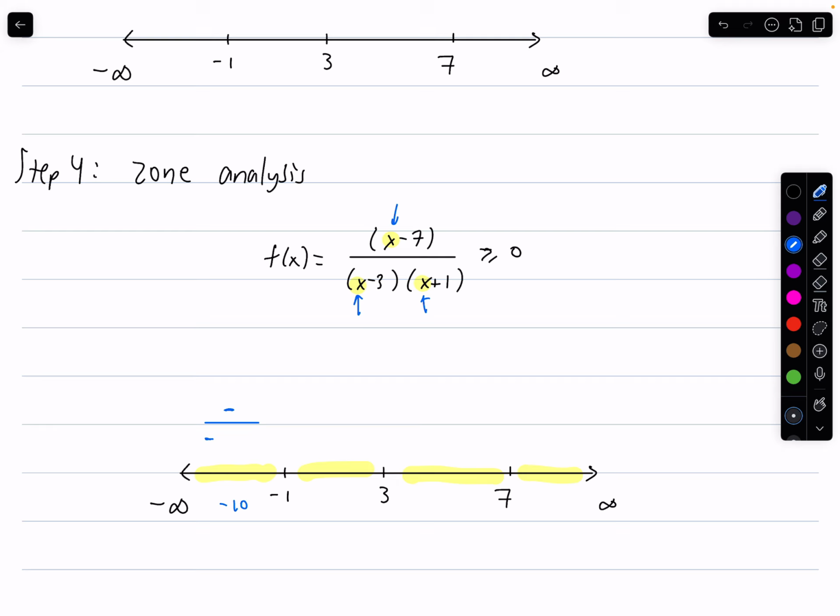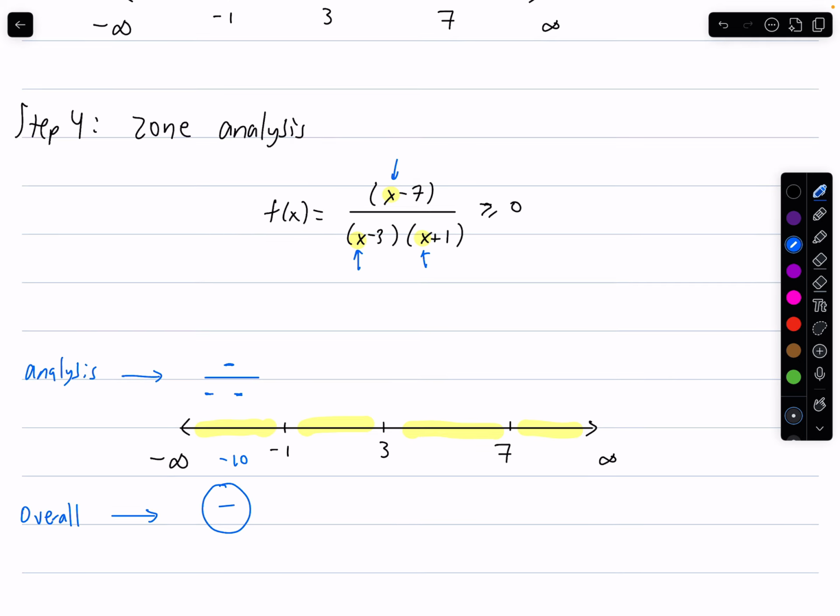And then -10 plus 1, which is also a negative. So I have a negative over a negative times a negative. Overall, that means it's a negative over a positive, which means overall we get a negative. Okay, so this right here is my analysis, and this right here is my overall. The reason I need to do the analysis to get the overall is that at the end of the day, in step 5, the overall is what matters most. And we're going to do that for each zone.